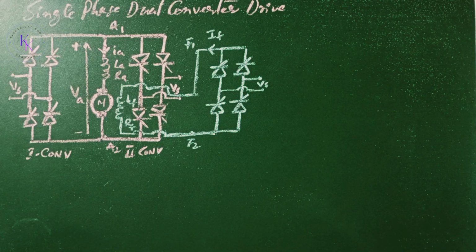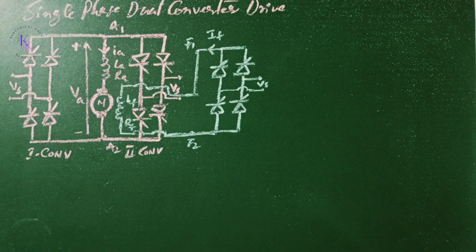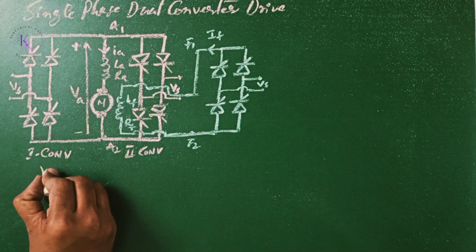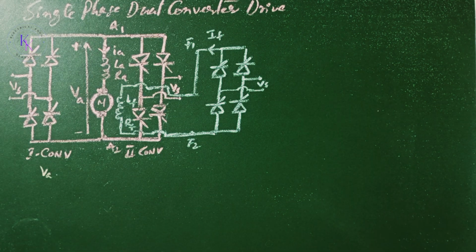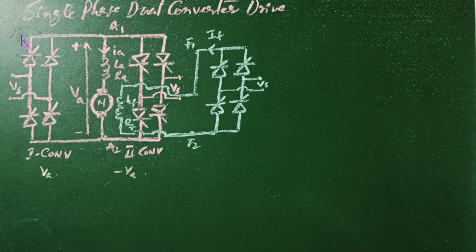Single phase dual converter drive. Two single phase full wave converters, converter 1 and converter 2, are connected as shown here in the armature. Either converter 1 operates to supply a positive armature voltage Va, or converter 2 operates to supply a negative armature voltage minus Va. Converter 1 provides operation in the first and fourth quadrants, and converter 2 in the second and third quadrants.